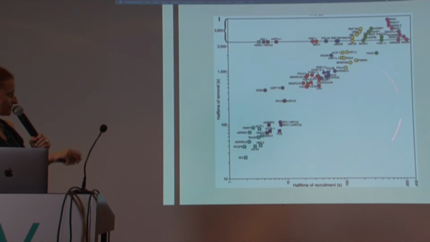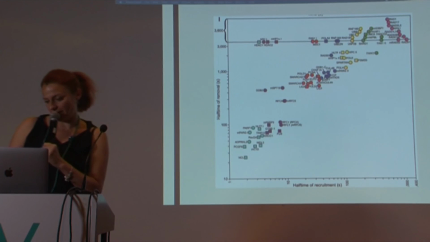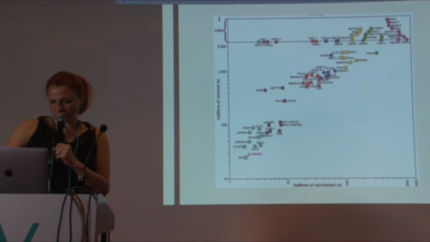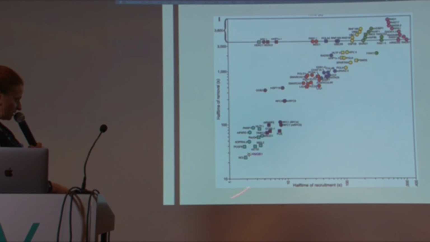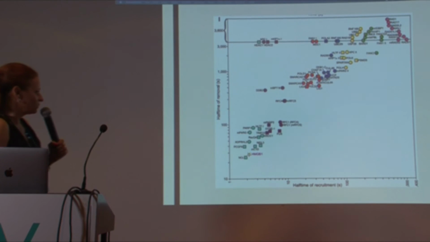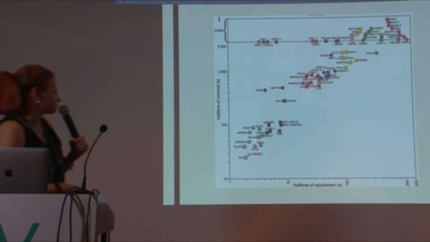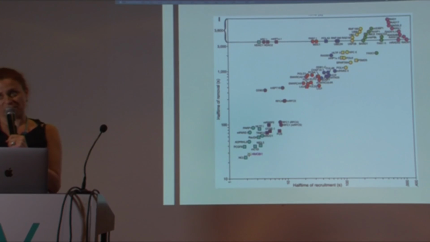You remember this figure from the presentations of Stoinu and all those clusterings of different proteins which are involved in repair. And we found HMGB1 here, which means that HMGB1 is one of the first proteins to recognize DNA damage.